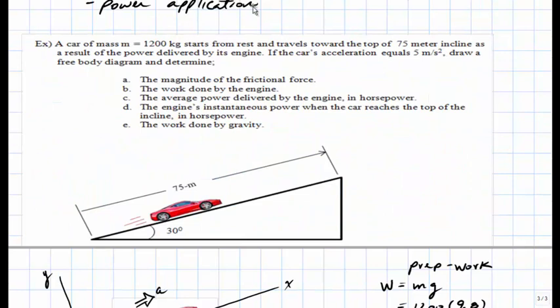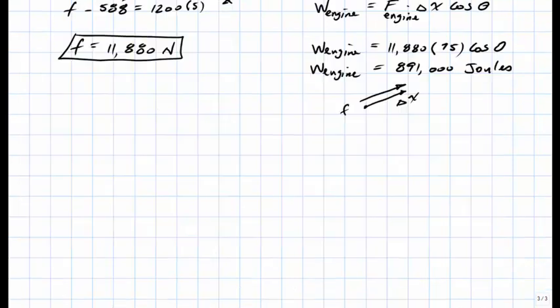In part C, we want to determine the average power delivered by the engine in horsepower. In order to determine average power, we will use the work divided by time equation. That equation looks like this.